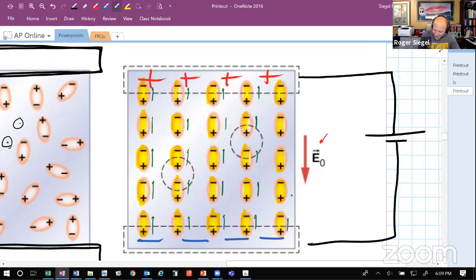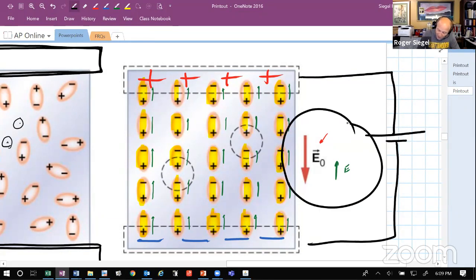So we've got an E field from each atom. Tiny as it is, there's a lot of atoms, and so they all add up to an E field that is now induced in the other direction. And so what I've done then is I've reduced the total electric field in my system. I've made it smaller. All right, so that is how a dielectric works.